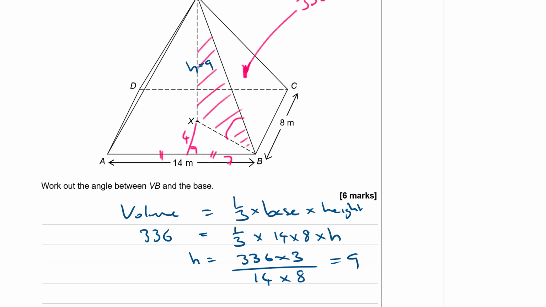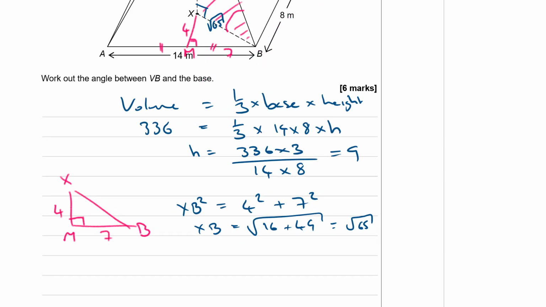So let's just quickly sketch that here. So this was X, this was, let's call that point M, and B. We know that's a right angle, we know that's 4, we know that's 7. So what we want is XB.